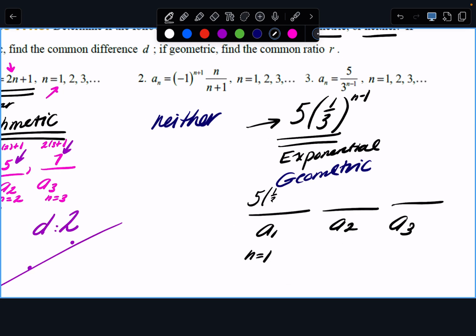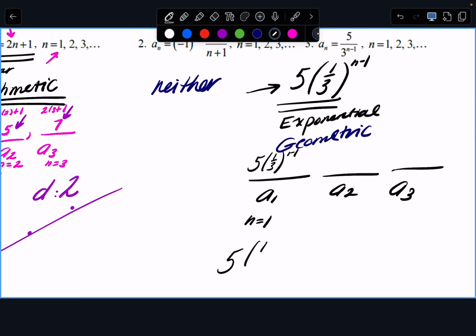That would be 5 times 1/3 to the 1 minus 1, which is 5 times 1/3 to the 0, which is not 1. Oh, 5? It's 5. Isn't this 1? Yeah. 5 times 1 is 5, everybody.